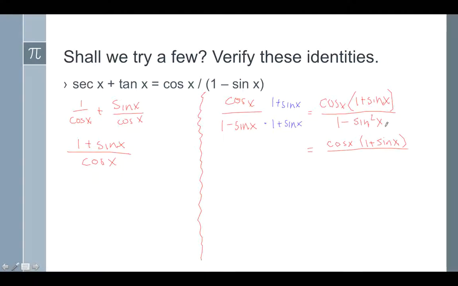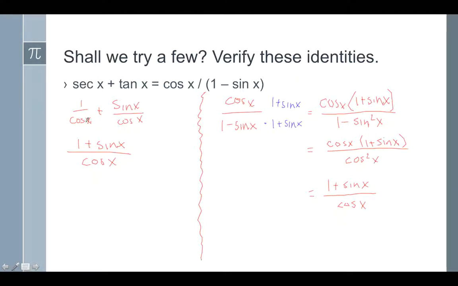And now I know that 1 minus sine squared is actually cosine squared. And here, look at this. I have a cosine over cosine squared, which means I can cancel one of them. I'm left with a 1 plus sine x in the numerator and only a single cosine x in the denominator.